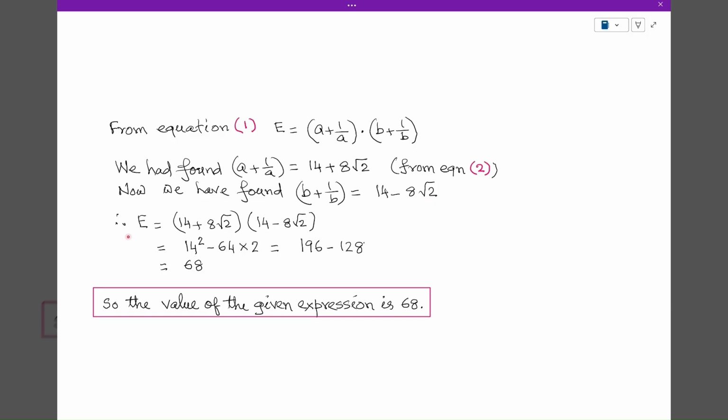Therefore, E is equal to 14 plus 8 square root of 2 whole multiplied by 14 minus 8 square root of 2, that is equal to 14 square minus 64 multiplied by 2, that is 196 minus 128, which is equal to 68. So, the value of the given expression is 68. This is the final answer.